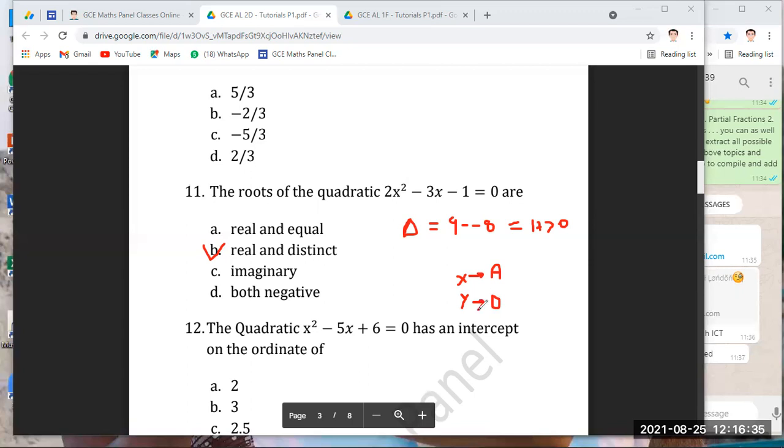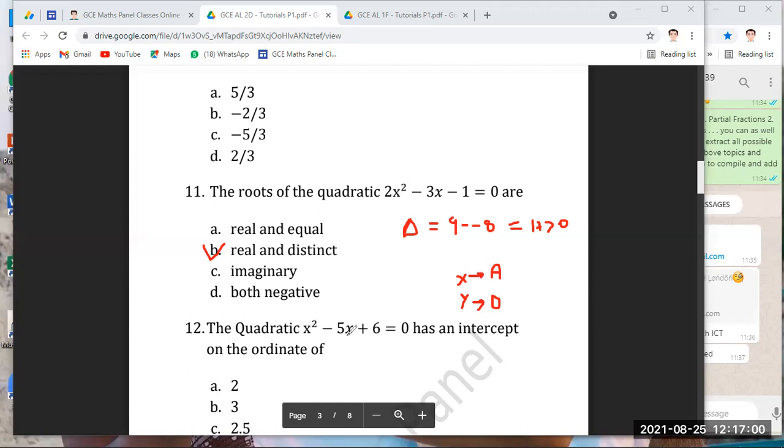On the ordinate, the intercept there is called the y-intercept. The y-intercept occurs when x is equal to 0. So just put 0 in this equation. What will be the answer? Just put 0 here and forget about the right-hand side.